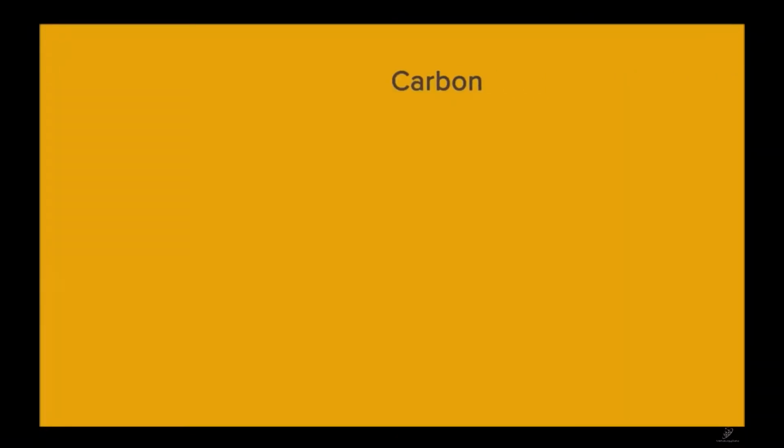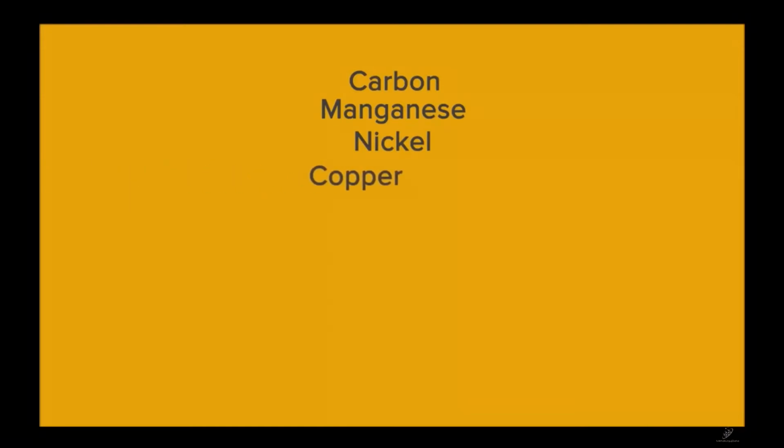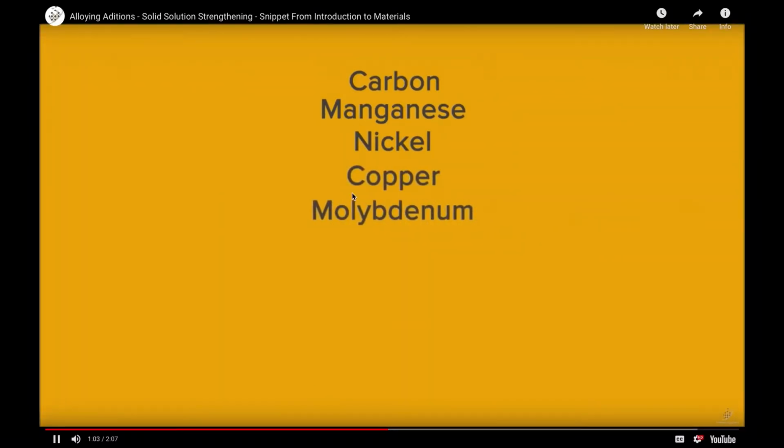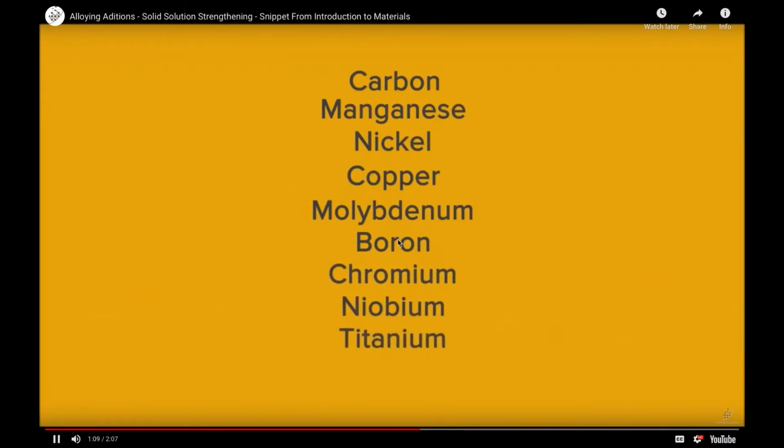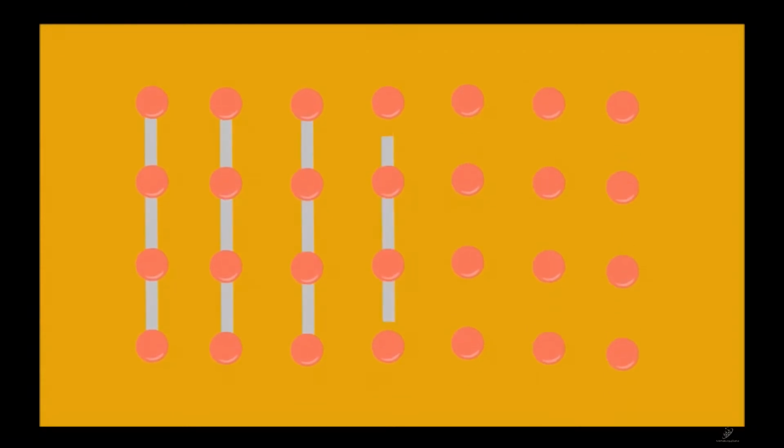The easiest way to understand metals is through steels, because they are the most used metals, and these are some alloying elements that can be added into iron. It can enhance its properties. It can make it stainless. It can make it stronger.